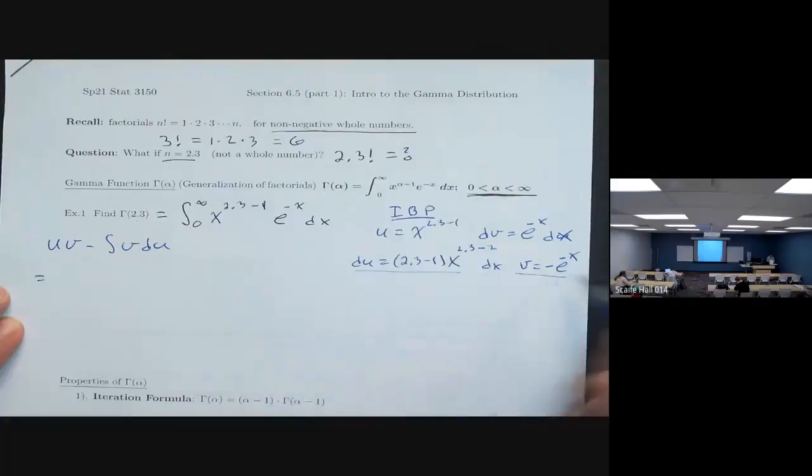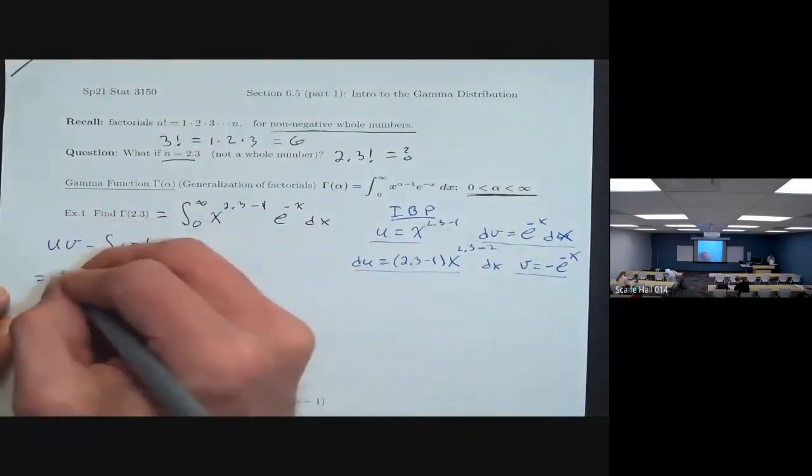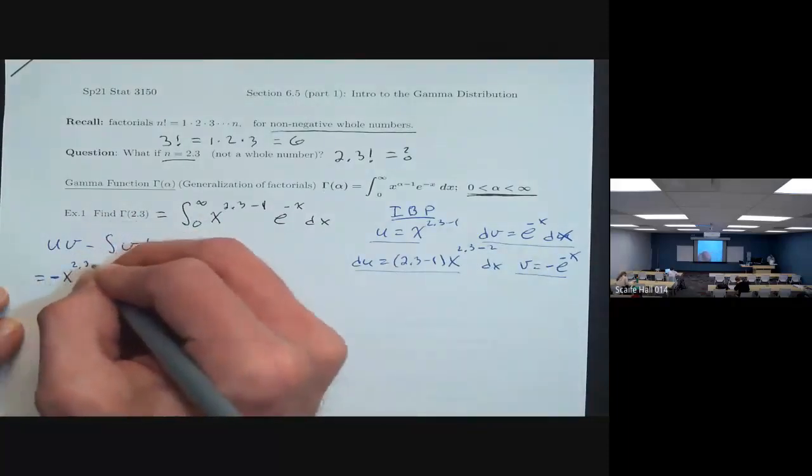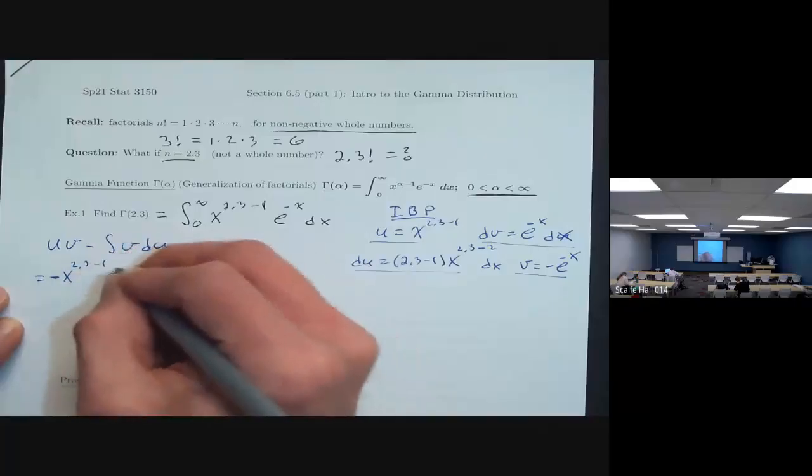So uv is negative x to the 2.3 minus 1 times e to the negative x.